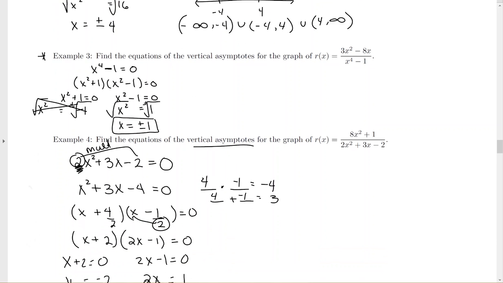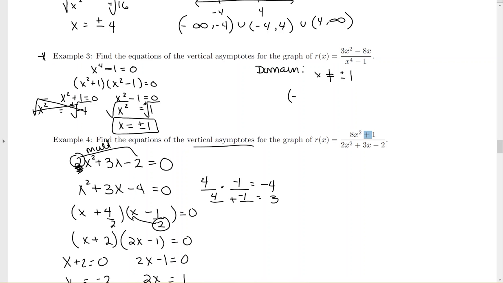Okay. So again, vertical asymptote, set the denominator equal to 0. Now for the domain, it's set the denominator not equal to 0. So it's where you just solved, only it's going to be the not equals, plus or minus 1.